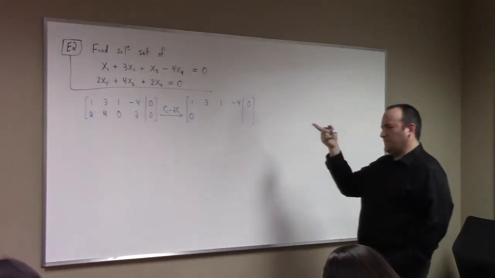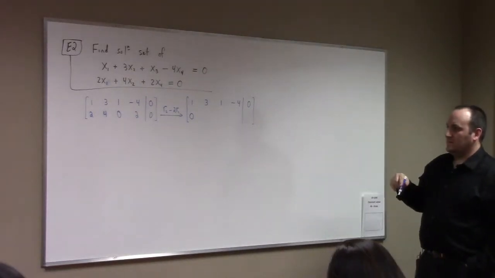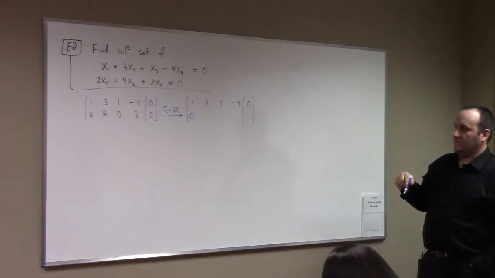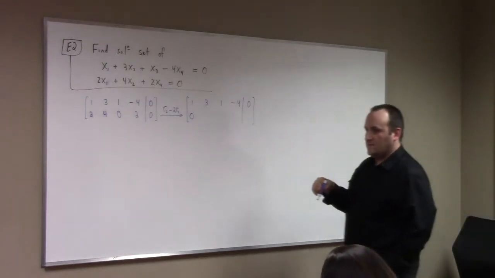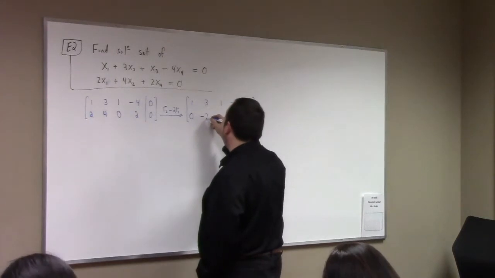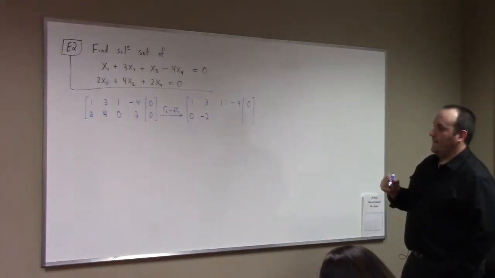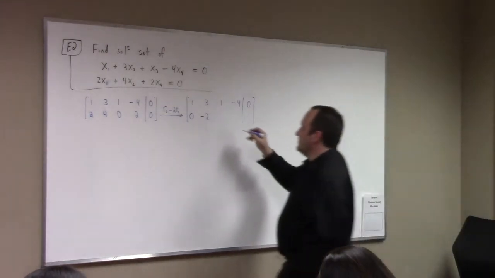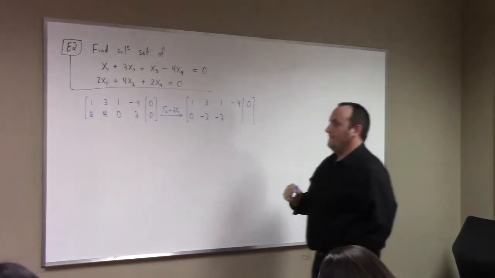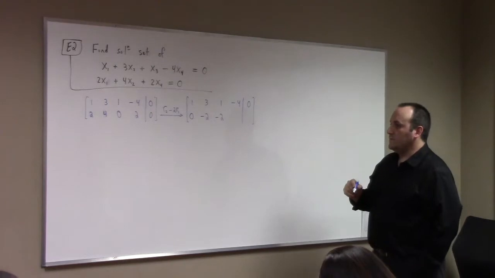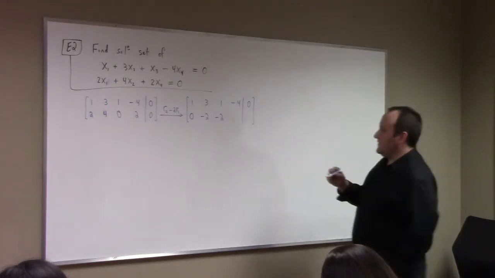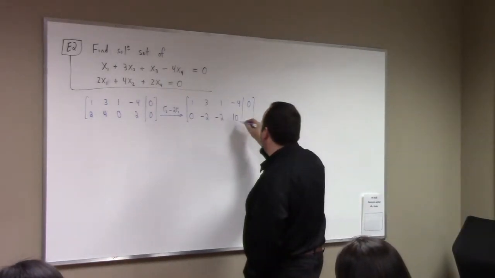Let's see, 3 times 2 is what? 6. All right, so 4 minus 6 is minus 2, right? And then we got a minus 2, right? And then we're looking at 2 plus 8, otherwise known as 10.